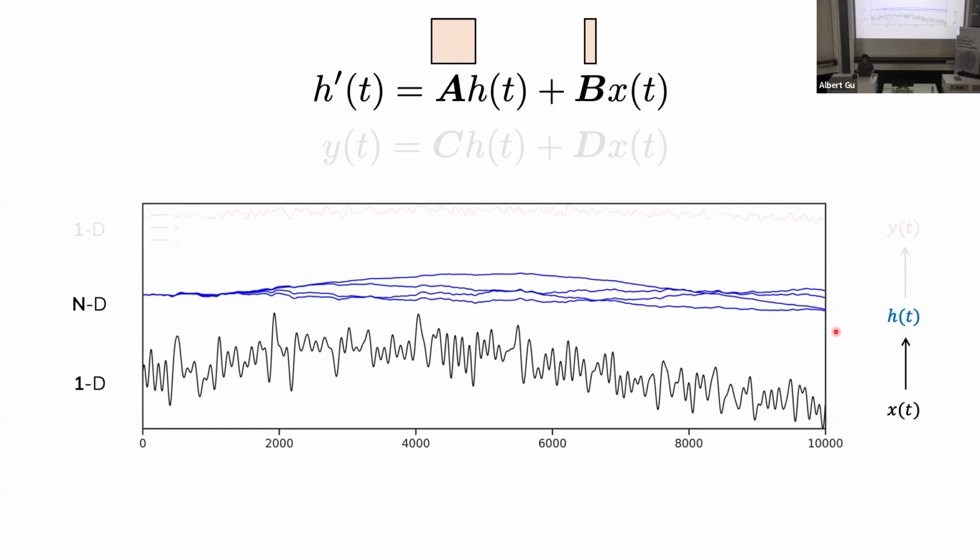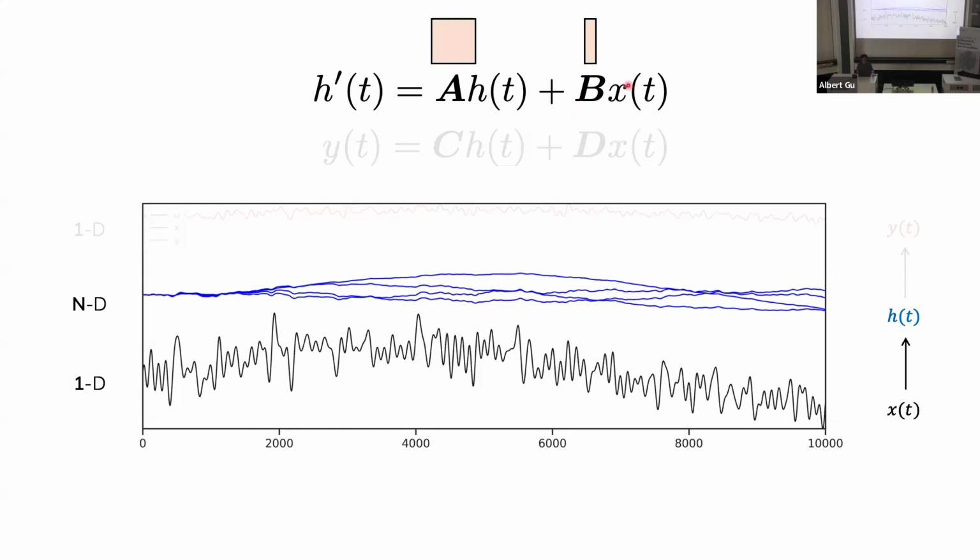We're going to think of this as a higher dimensional state with n dimensions, where n is a tunable parameter that you control, and we'll think of this as on the order of, say, 100. So this first equation we're going to think of as mapping this input function x of t, which is 1 dimension, to a function h of t, which is 100 dimensions.